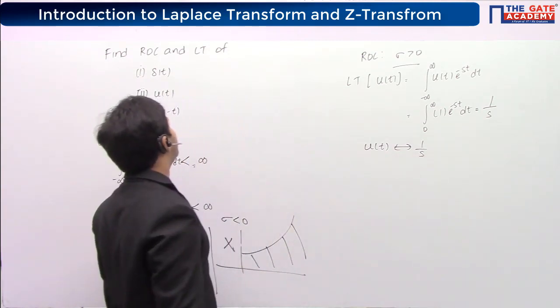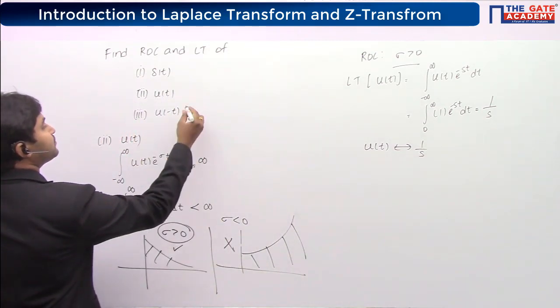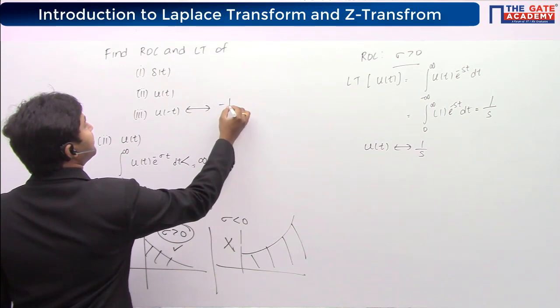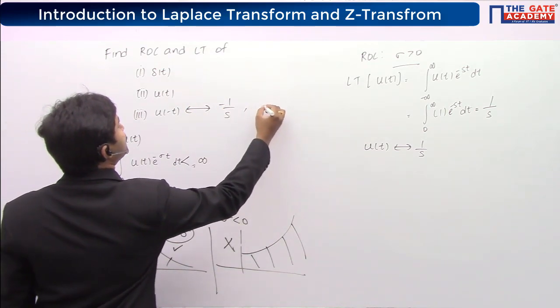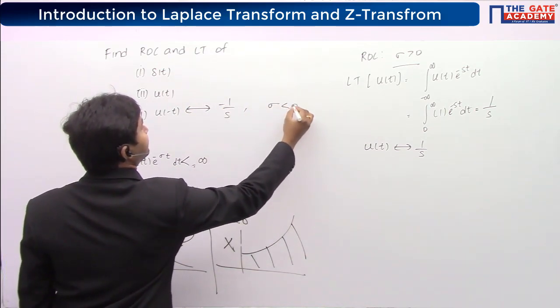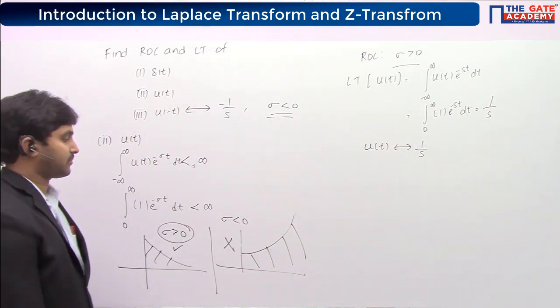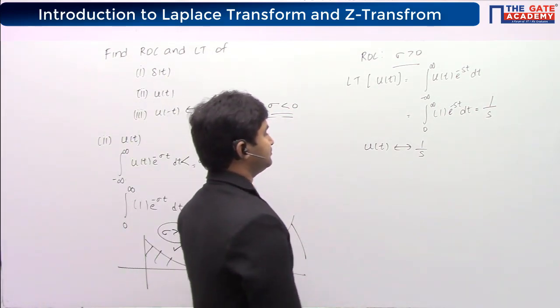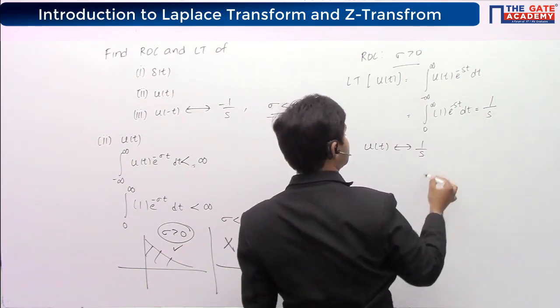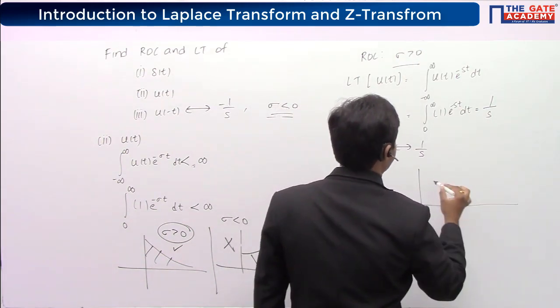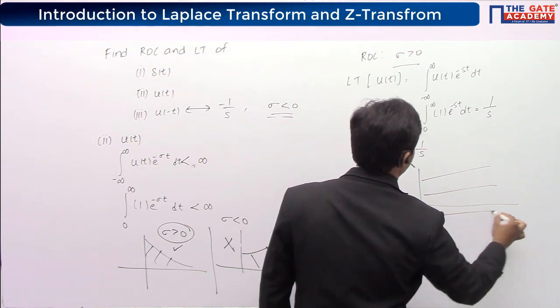In the same way, you have to solve for u of minus t. You will get minus 1 by s, and the ROC is going to be just the opposite of it. The ROC in the case of u of t is going to be the positive part.